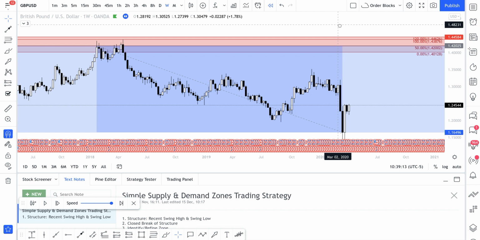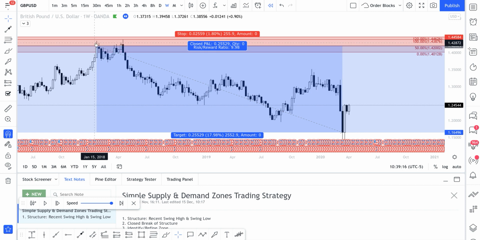This was a liquidity stop hunt here. It took out these highs right here and pushed down. So if someone was trading this strategy on the weekly time frame, of course they're going to need patience, but they bagged over 25,000 pips. It's that simple, guys.